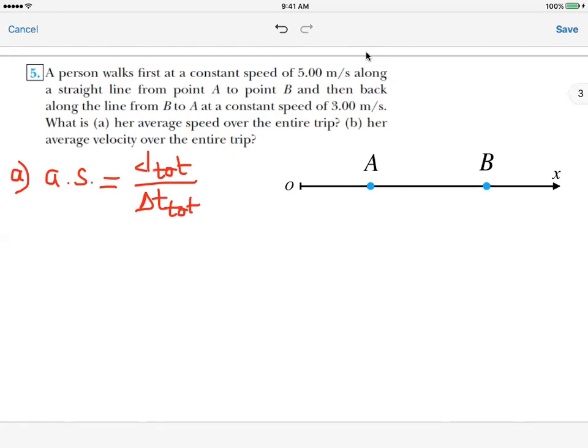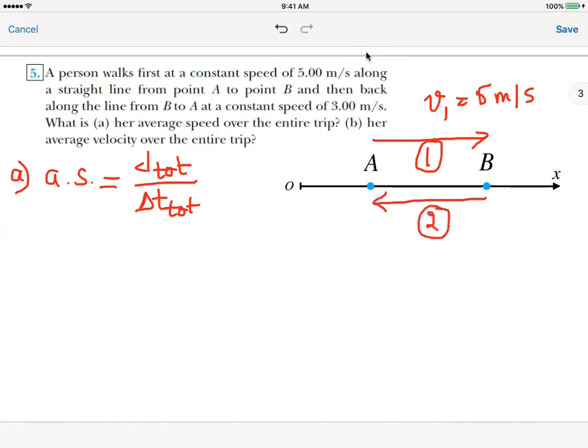Here the person goes first from point A to point B at a speed v1, which is 5 meters per second. Let's call this path number 1. Then in the second path, which we label 2, she goes back from B to A at a speed equal to 3 meters per second. So let's define what d total and delta t total are.